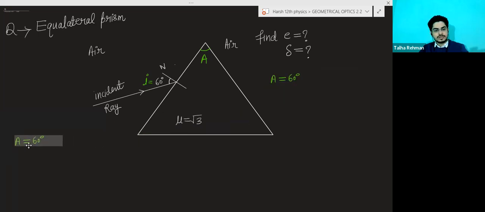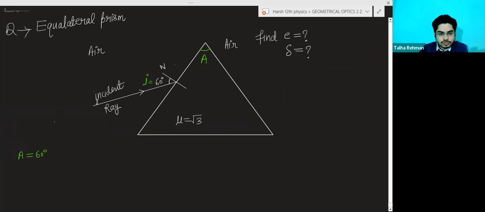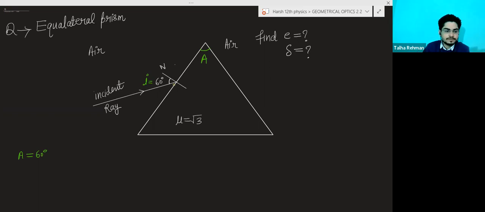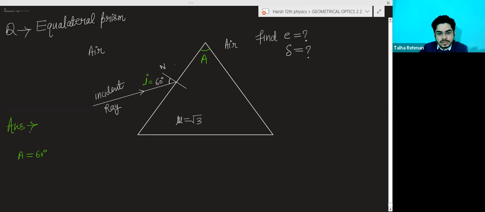This white color is representing the question and green color is the solution. And mu is the refractive index of this prism. Root 3 is the refractive index of this prism.